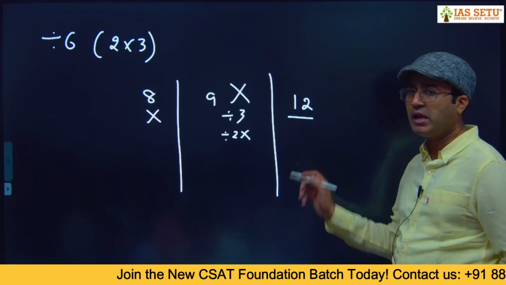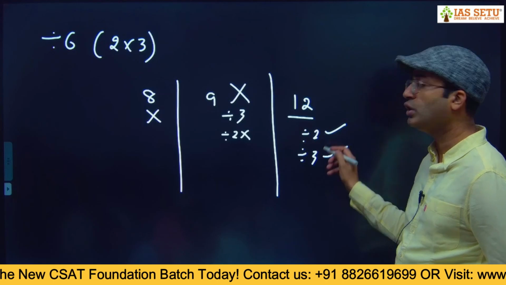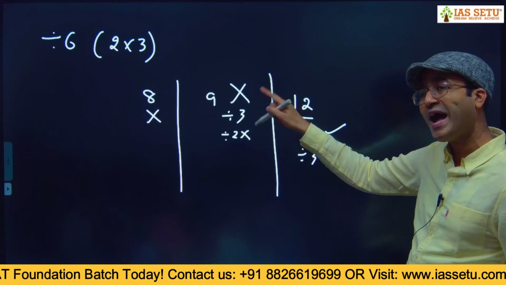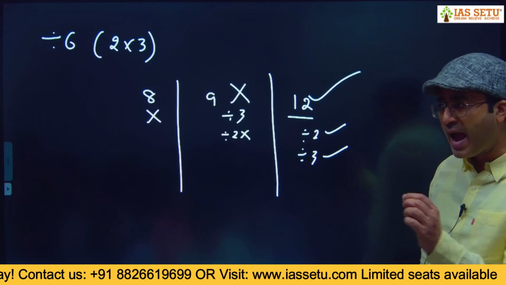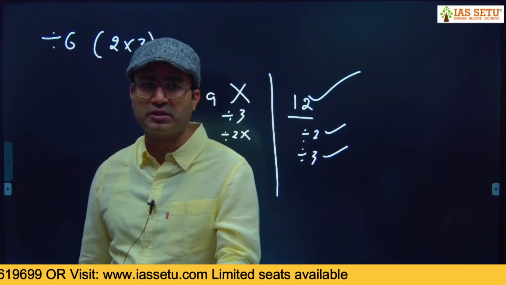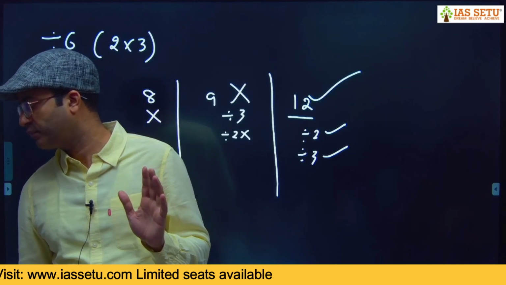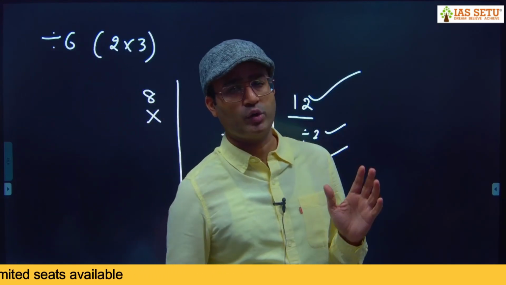But whereas 12, it is divisible by 2 also, it is divisible by 3 also. Since it is divisible by 2 as well as 3, it is divisible by 6. Any number which is divisible by 2 as well as 3 is divisible by 6. दोनों से डिवाइड होना चाहिए. अगर वो दोनों से होता है तो 6 से होगा ही होगा.